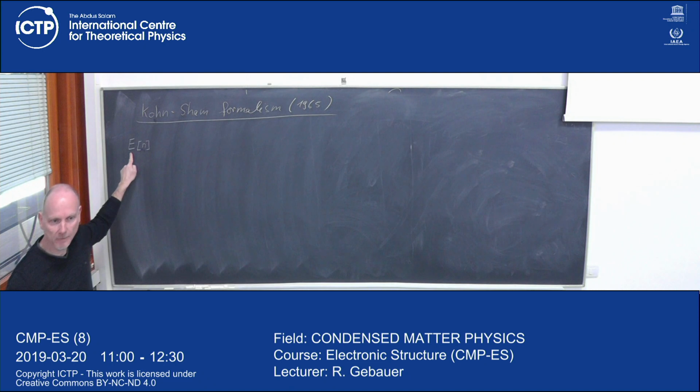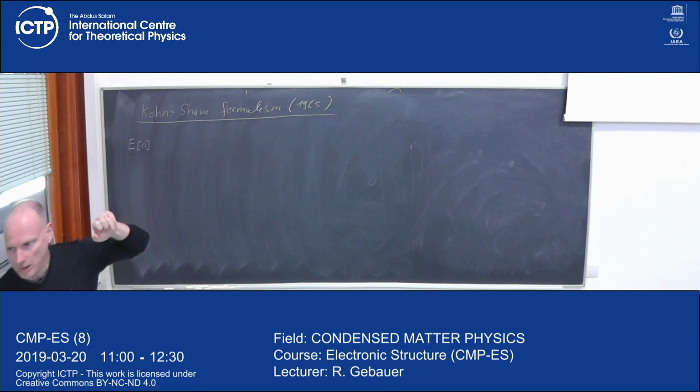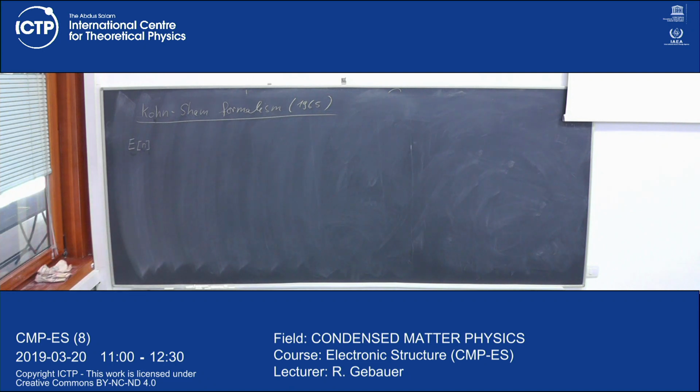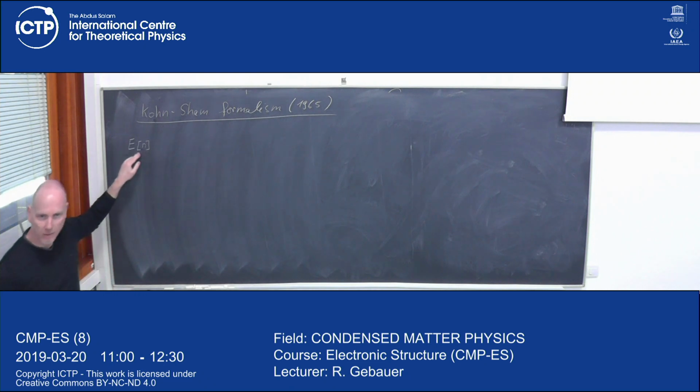And this functional, for the shape of n, gives you back an energy, the energy of the ground state. Unfortunately, the theorem we saw last time gives us no clue whatsoever of how this looks.